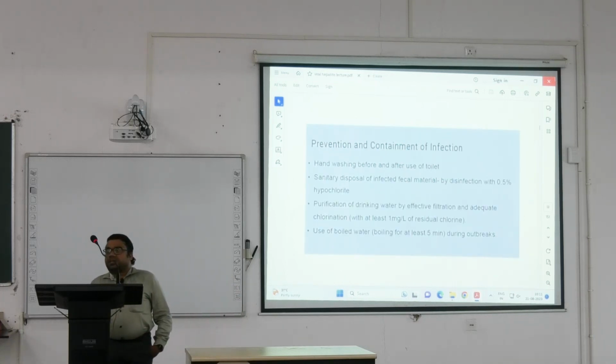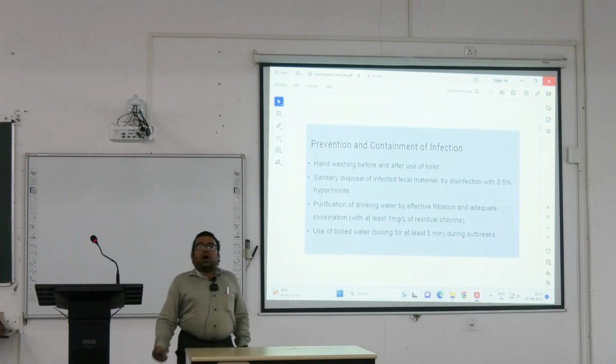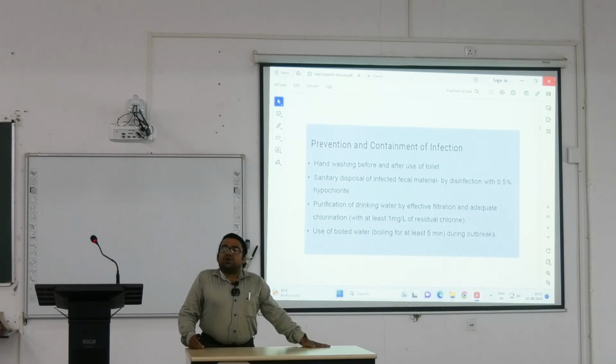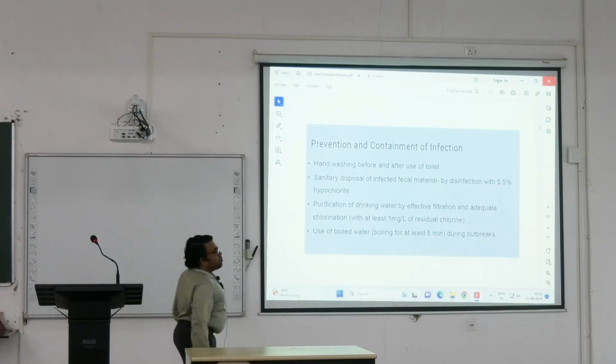Coming to prevention, if there is no treatment, then we need to concentrate more on how to prevent. Now, who are the main reservoir? It will be the children and adolescents who are asymptomatic. How is it transmitted? By the fecal-oral route. So what are the preventive measures that we should take? Hand washing.